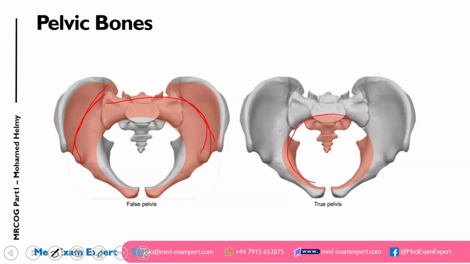But the other lower part here, from the inlet to the outlet below, this is called a true pelvis, and this is of obstetric importance because the diameters here affect the progress of childbirth. Of course, the clinical application of examining the diameters is to determine if there is what we call cephalopelvic disproportion or not.